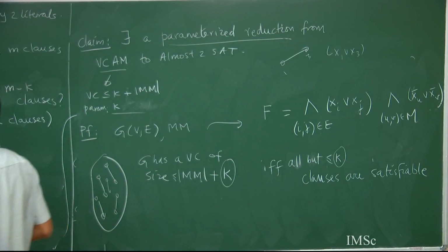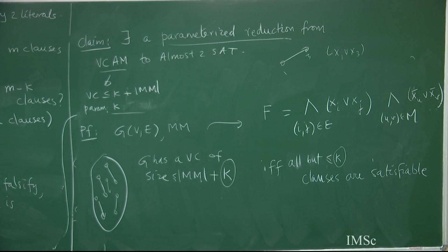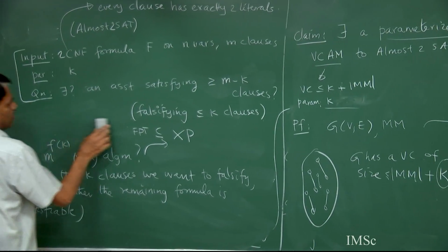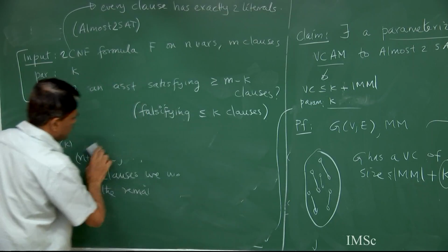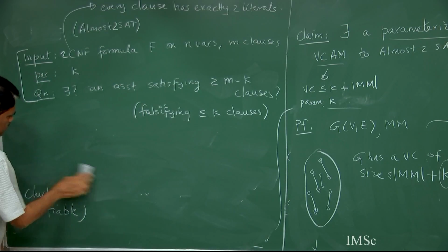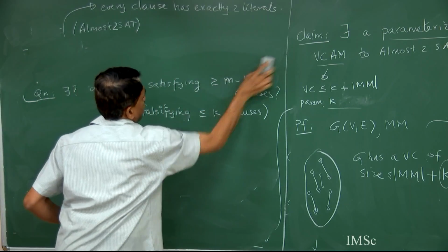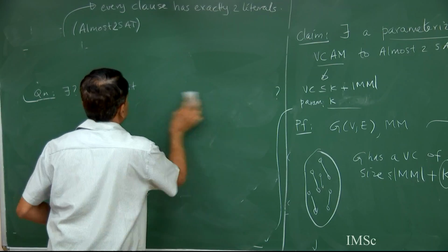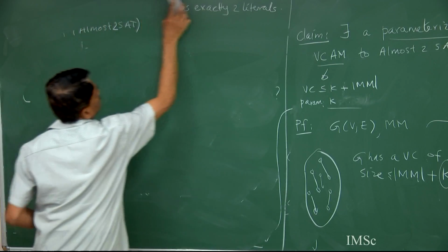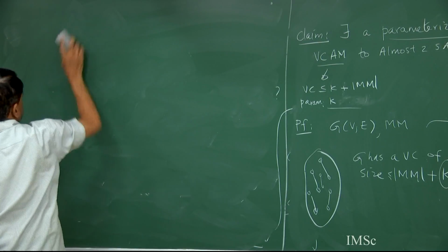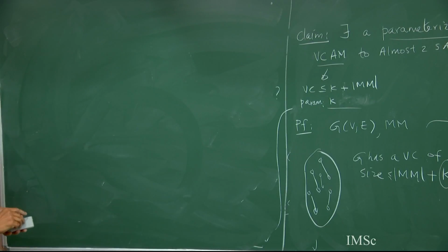I'll give you an example which is not a parameterized reduction, so you understand, because that's another thing which will be useful when we talk about the notion of hardness later.